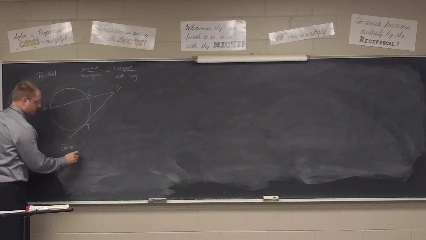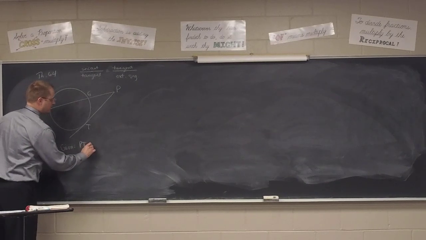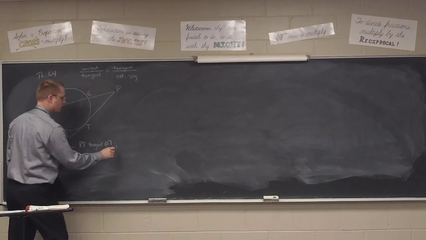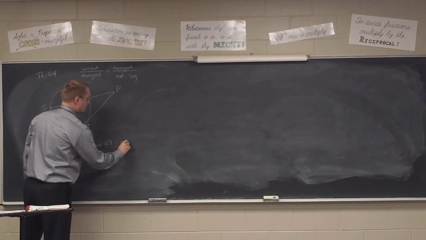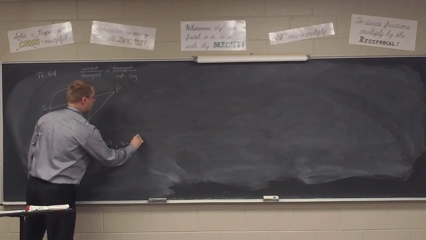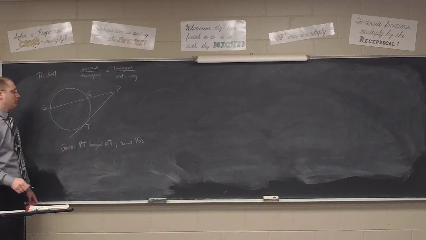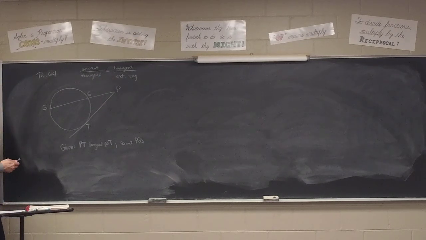We're given PT, tangent at T, secant PGS. PT tangent at T and secant PGS, with G and S being the 2 points of intersection.